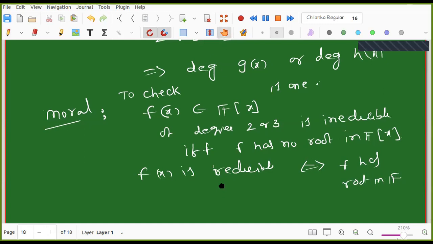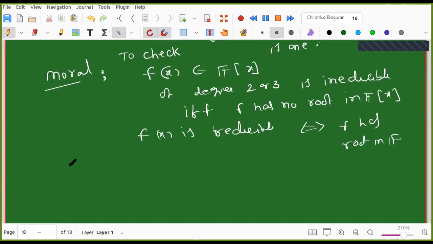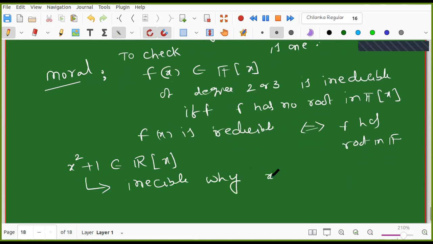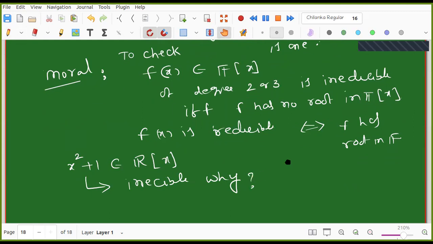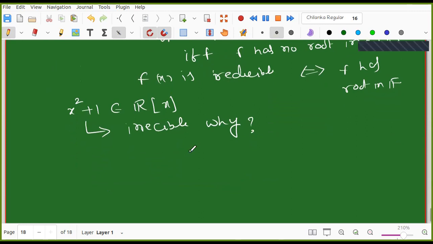Okay, so what about x square plus 1 over R? Irreducible. Why? The roots of x square plus 1 do not belong to R, right? But if I take any polynomial of degree 3 in R[x], what do you say?